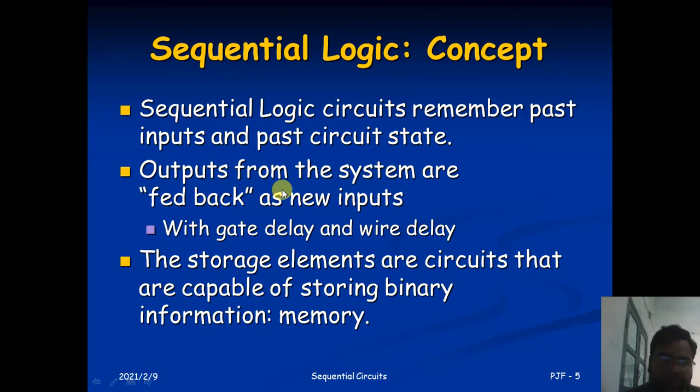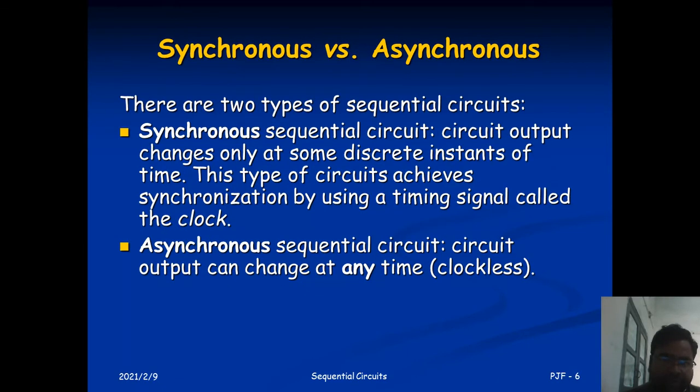There are two types of sequential circuit. One is the synchronous sequential circuit and the other is the asynchronous sequential circuit. In a synchronous sequential circuit, the output changes only at some discrete instants of time. This type of circuit achieves synchronization by using a timing signal called a clock.